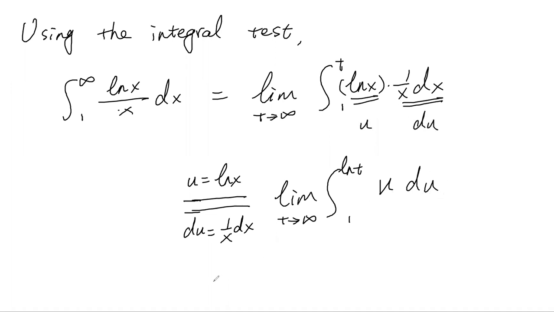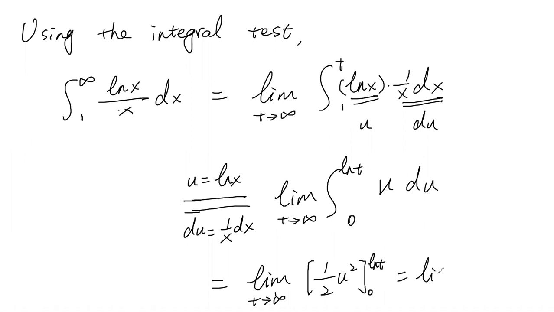And then this is equal to the limit as t approaches infinity of 1/2 u squared. In the meantime, the lower bound becomes 0 because natural log of 1 is equal to 0. If you integrate u, you get 1/2 u squared from 0 to natural log of t.